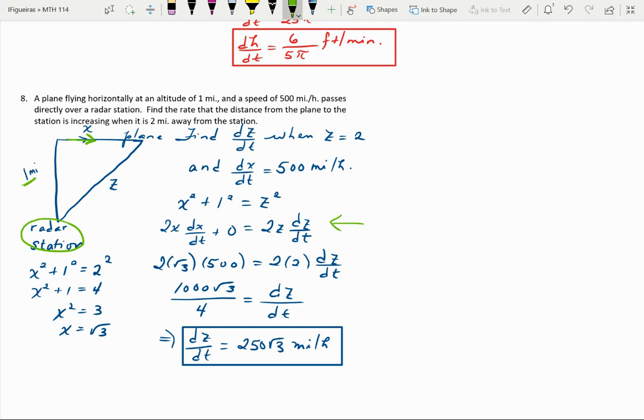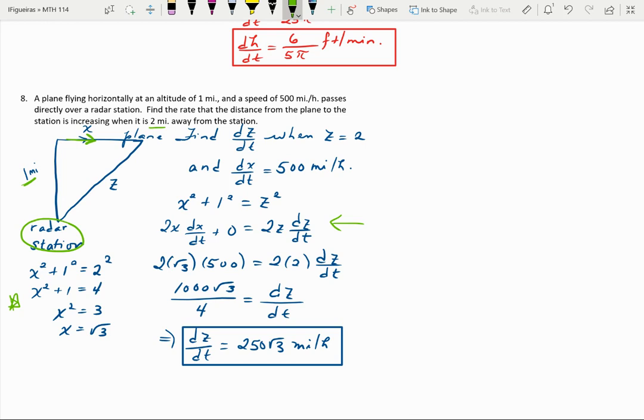All right, so I can plug in what I know. I know dx/dt and I know z, but I do not know x. So to figure out what x is, I go back to the Pythagorean theorem. So I have x squared plus 1 squared equals 2 squared. The 2 was given in the problem, when the plane and the radar station are 2 miles away.